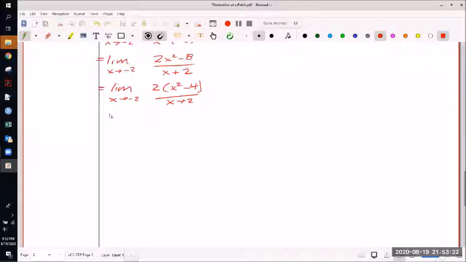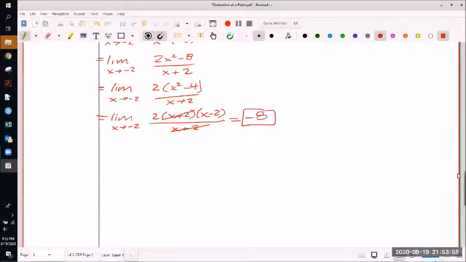Well, x squared minus 4 can be further factored into x plus 2 times x minus 2, all over x plus 2. And we see now that we can cancel the x plus 2 in the numerator with the x plus 2 in the denominator, which then allows me to do a direct substitution of x equals negative 2 into this function, giving me 2 times negative 2 minus 2. That would give me a negative 4. Negative 4 times 2 is negative 8.